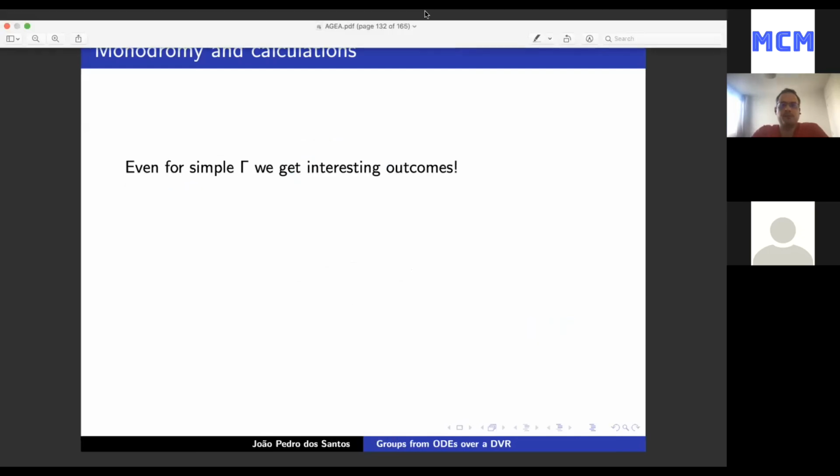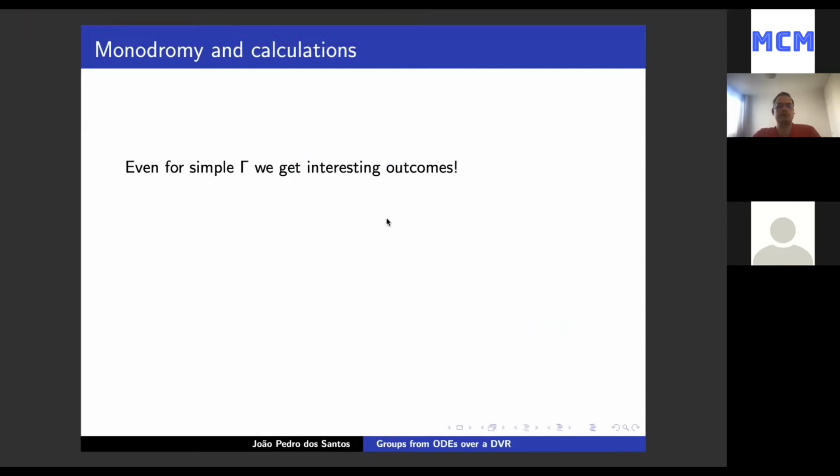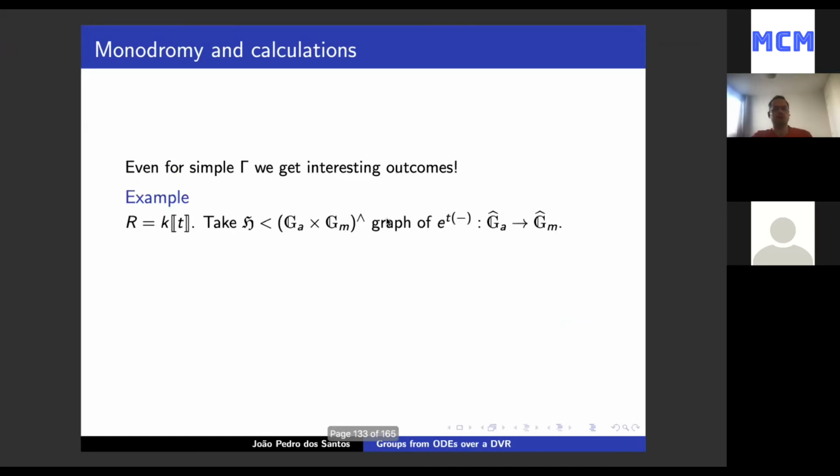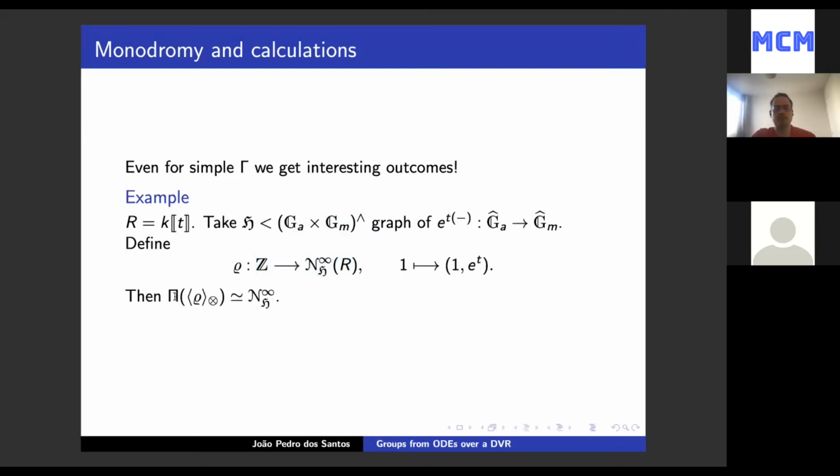The reason this is interesting is that you already get interesting outcomes. The group which I mentioned before appears as a Néron blowup of Z, but it appears as a Galois group already.